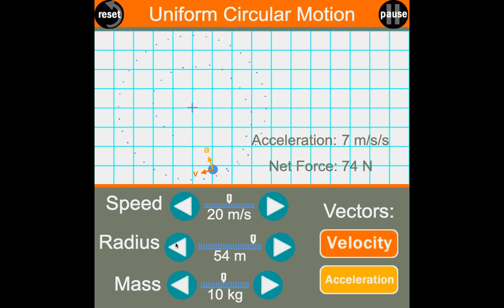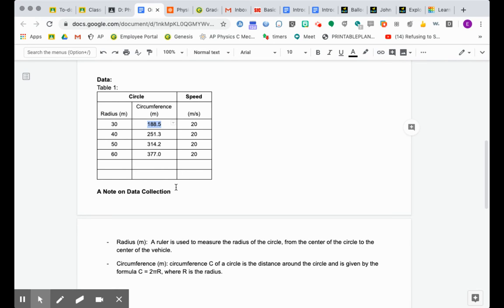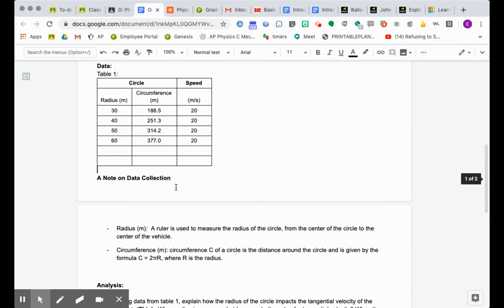So if we change the radius, the speed stays the same, but the amount of time it takes to complete that circular path will vary. Okay, so we're going to use this data, right? As the radius increased, the tangential velocity remained constant.